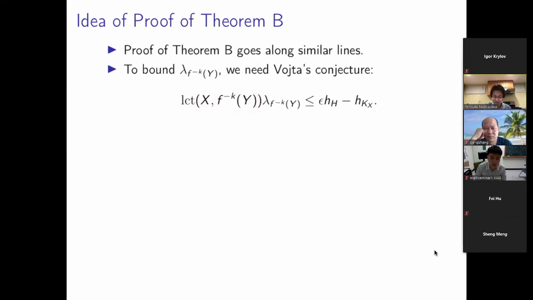This term times the local height function is bounded by some height function, with some exceptions. This holds on an open subset of the total variety.